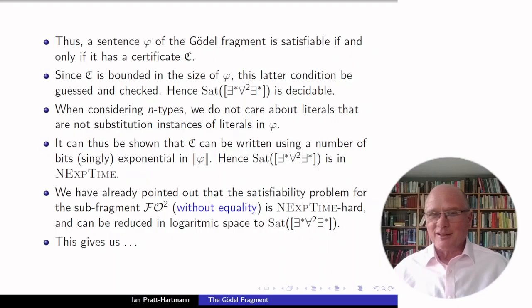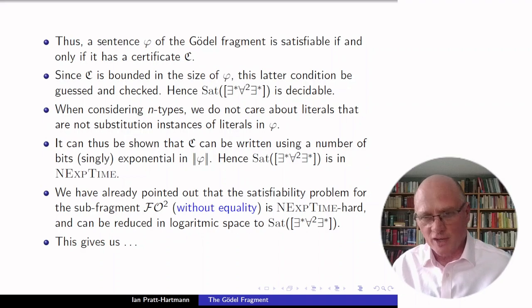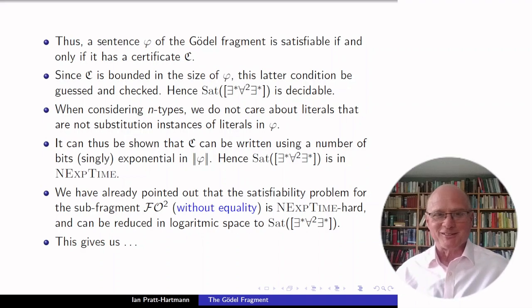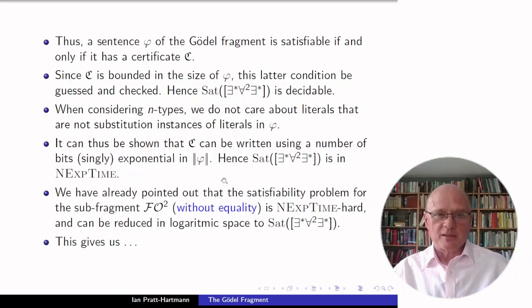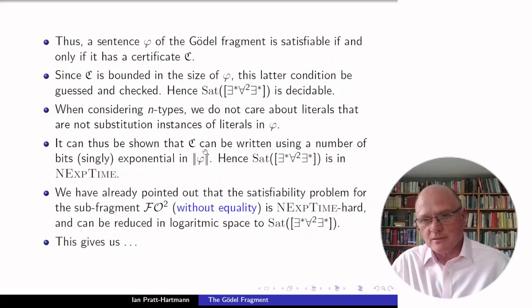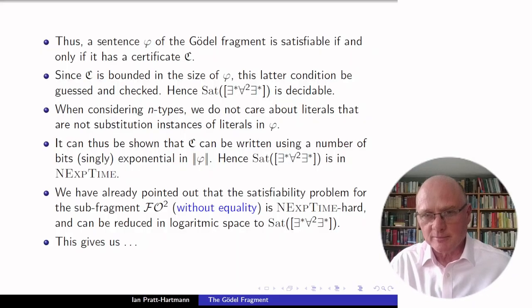So when you ignore irrelevant literals in this way, it turns out that the number of types is only exponential as a function of the size of phi. You can check that in detail yourselves. So that means that certificates are of exponential size as a function of the size of phi, and that means that the satisfiability problem for the Gödel fragment is in NExpTime.